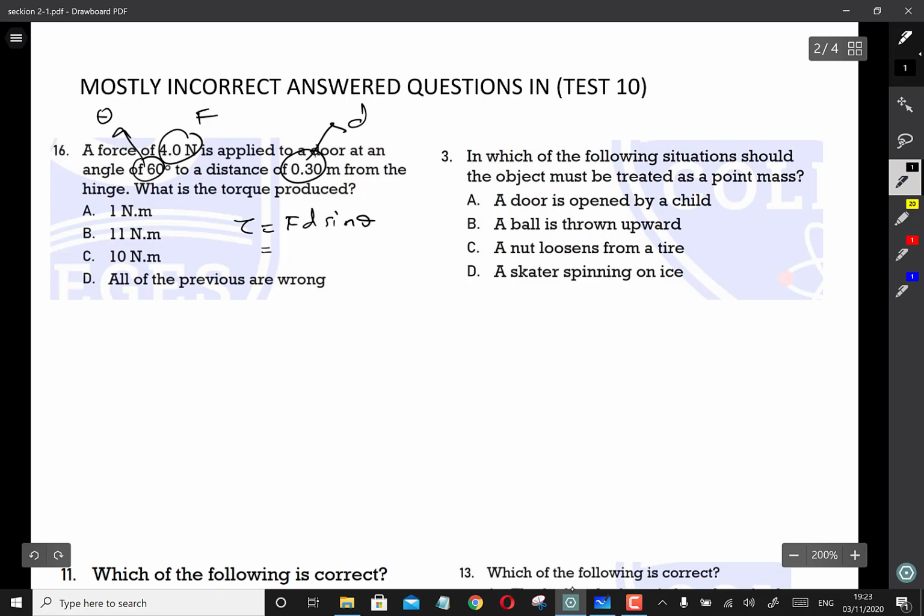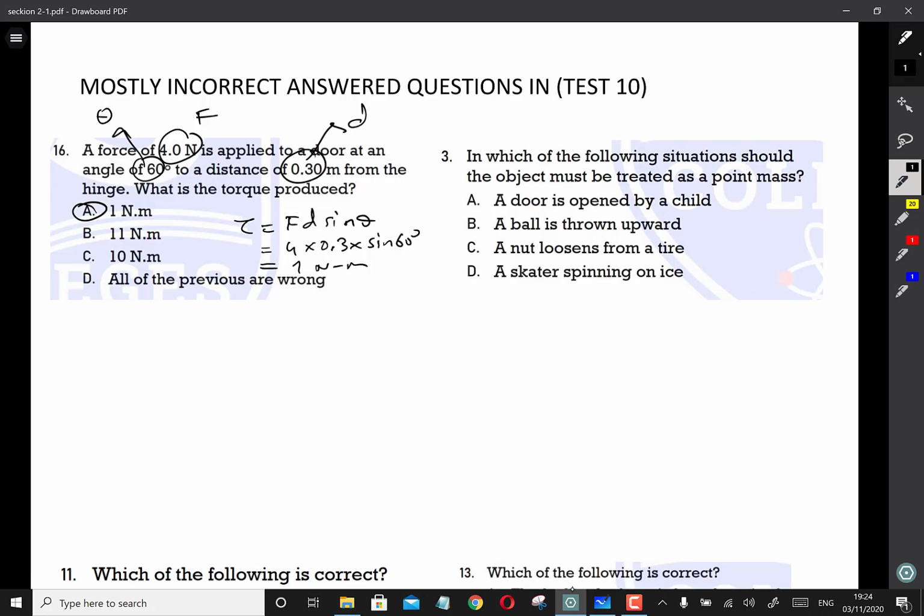So let's multiply them: 4 multiplied by 0.3 multiplied by sine of 60. Let's use a calculator. That is equal to 1 Newton meter. 1 Newton meter is the torque produced by this force.